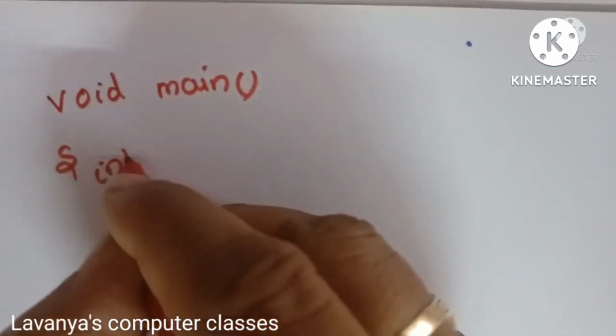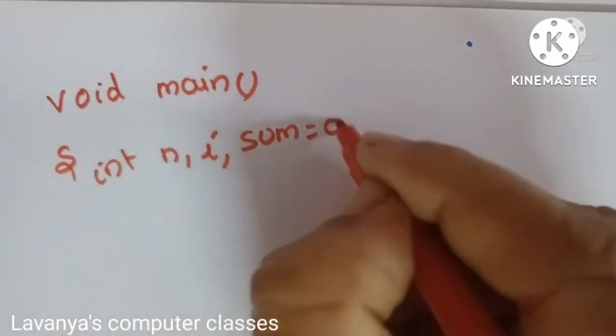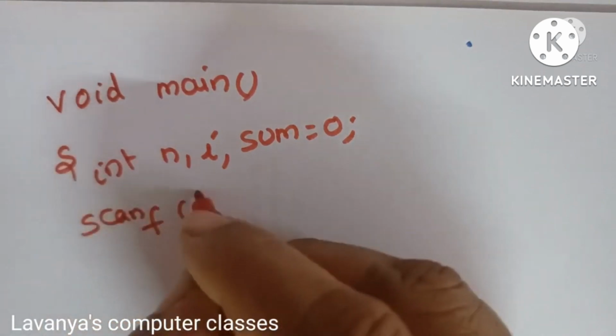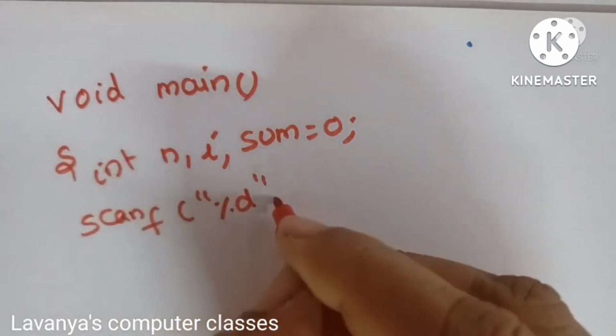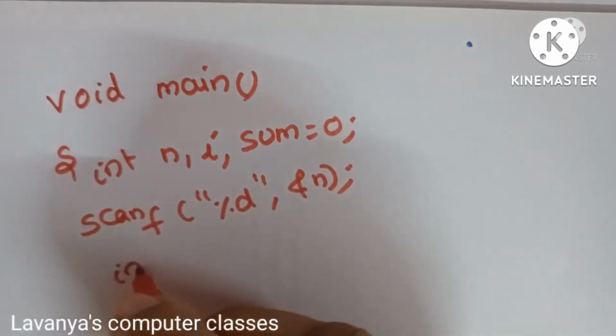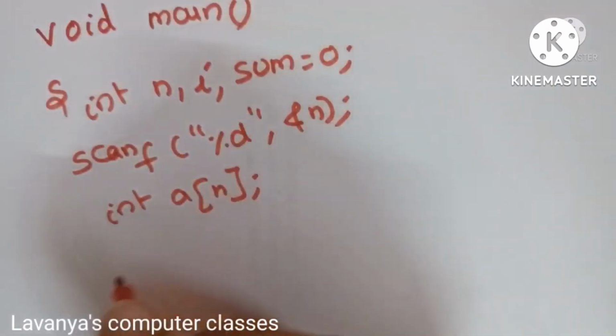Void main, int n, i, sum equal to 0, 3 variables. scanf %d &n. This program is in C language. Then a of n, an array declaration.